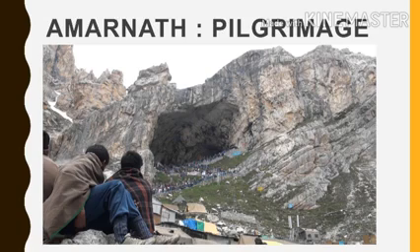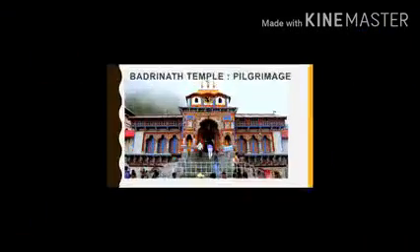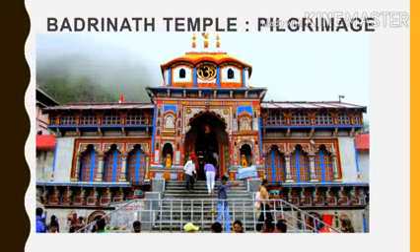We can see here a beautiful example of landscape, the Amarnath pilgrimage, which is situated in the high Himalayas. Next, we see the Badrinath temple situated in Uttarakhand, which gives a panoramic view of the Himalayan mountains behind it.